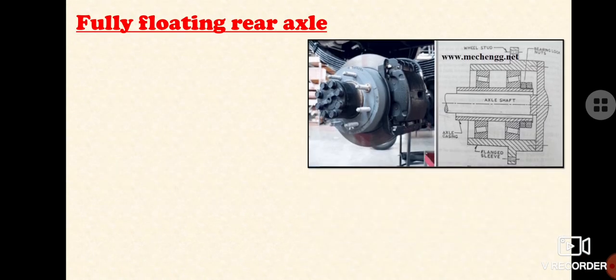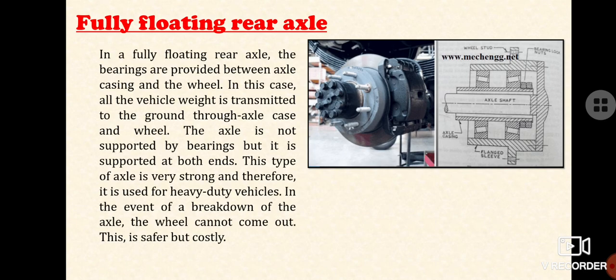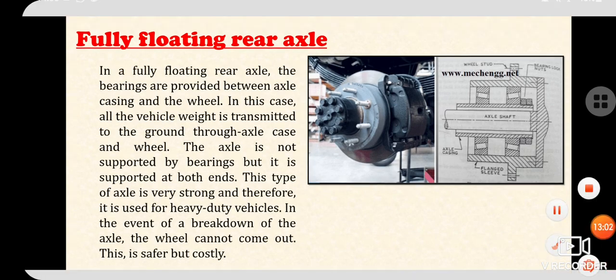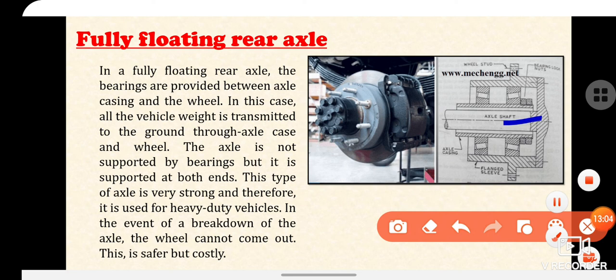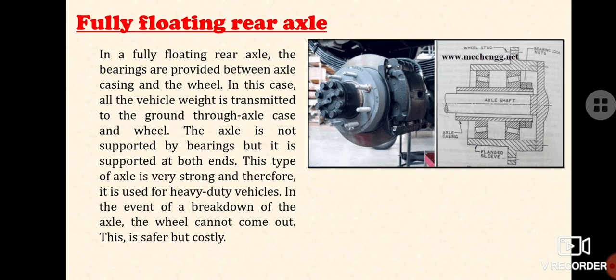Let's discuss the fully floating rear axle. Here this is the axle shaft, this is the axle casing, and these are the flange sleeves. Generally bearing lock nuts are provided here, and this is the wheel stud. It is mentioned that in a fully floated rear axle, the bearings are provided between the axle casing and the wheel.